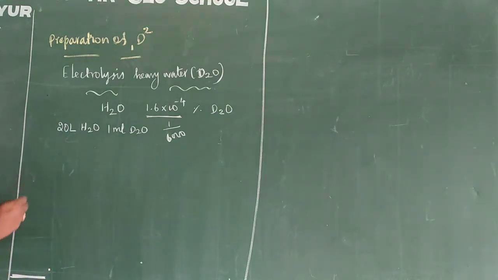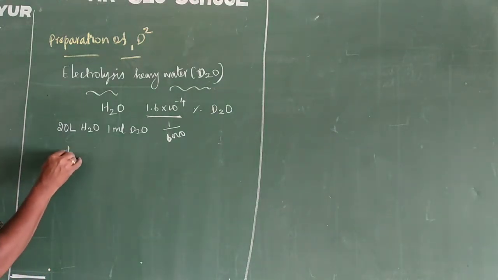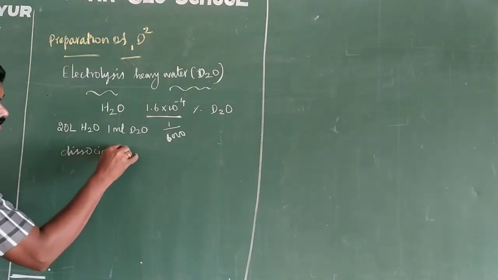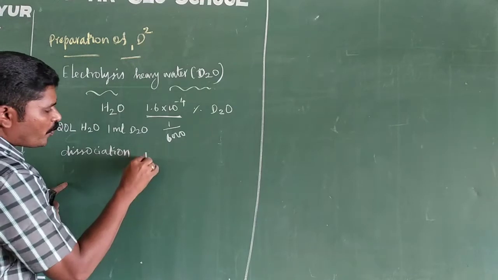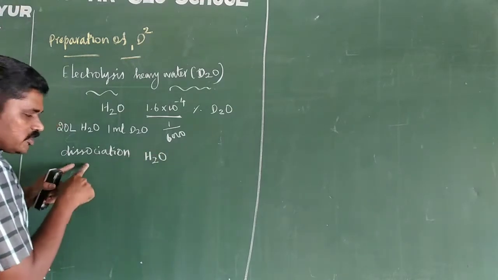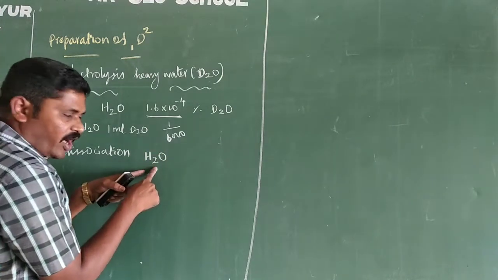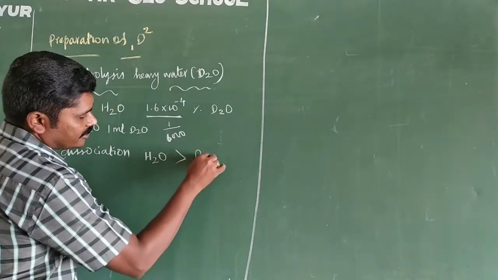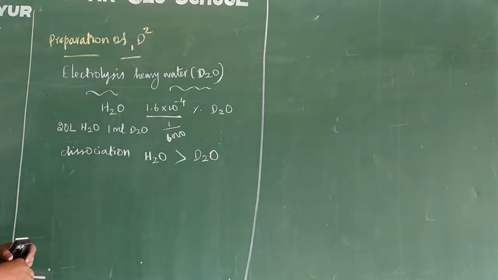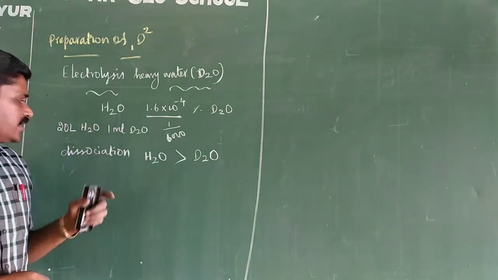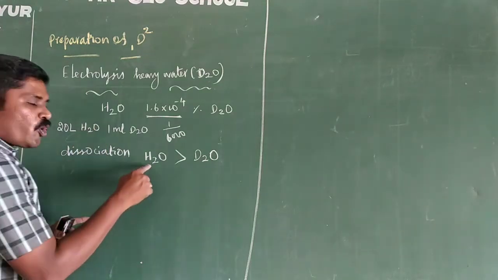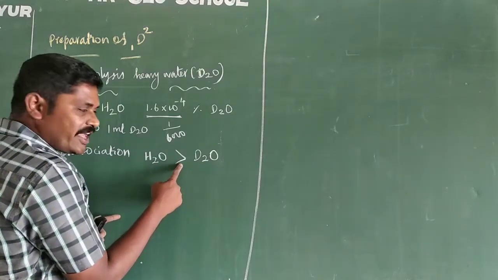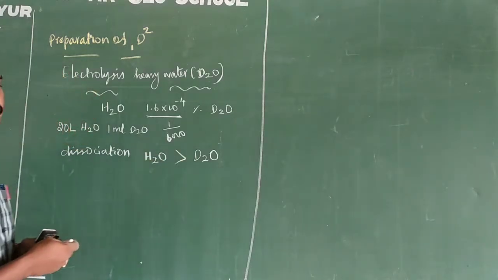Right? So normally the dissociation of protium water is much more than heavy water. In the electrolysis process, the dissociation of protium water is much more than heavy water.